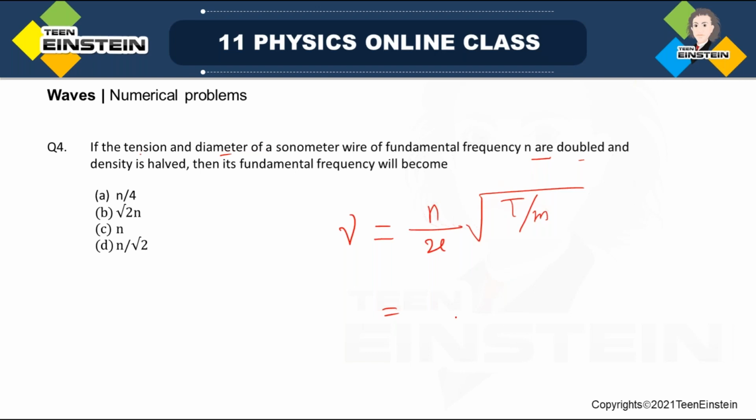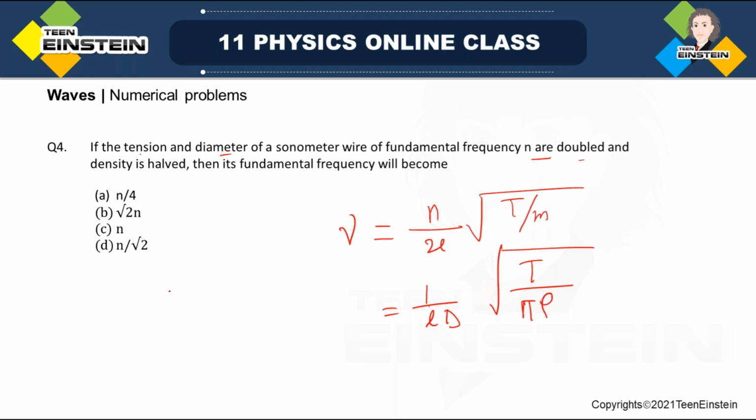If you go for it, we have already discussed it in our class. So this formula will actually be 1 by L into D, that is the diameter, and this will give you root of T by pi into rho. You might be thinking how I am getting that.